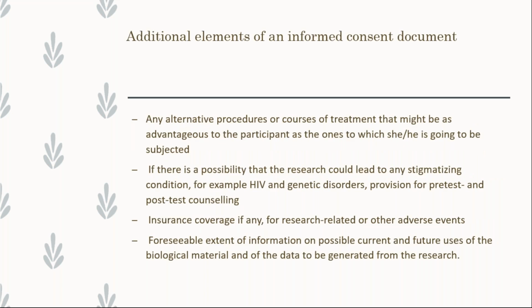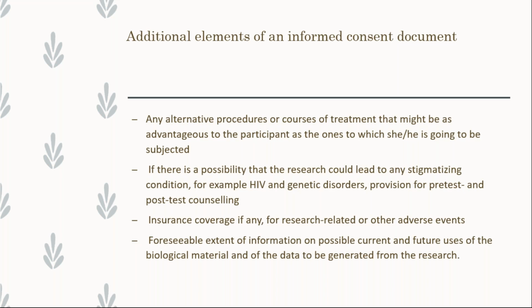Then, according to the nature of the study, certain additional elements also need to be added to the participant information sheet. If we are going to conduct research on a new medication, and there are already some good medications available, then we have to inform the patient regarding all the other therapy that we are withdrawing them from.